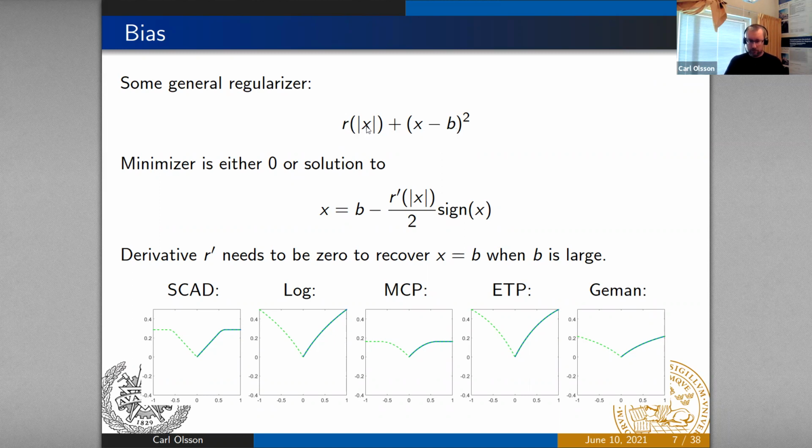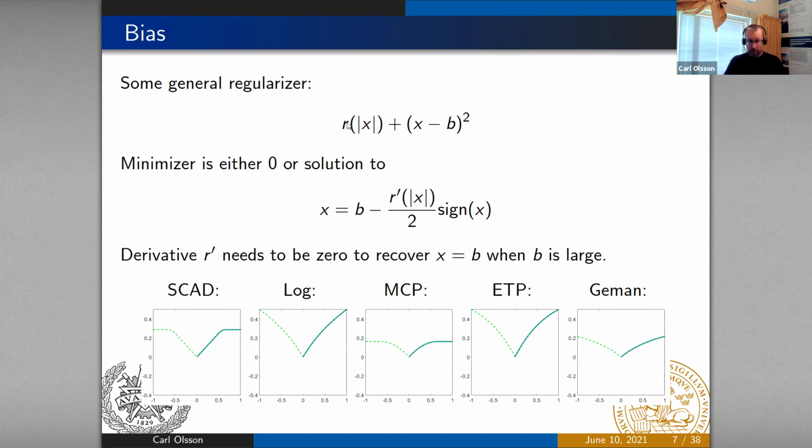So this is just either x is 0 or it's non-zero, and then the penalty is based on that. So what I would like to recover here is the b, right? So I would like to get the b back if it's large enough. If it's small, then it should be classified as noise, and then I should get 0, right? So for a large value, I would like this to remain unchanged.